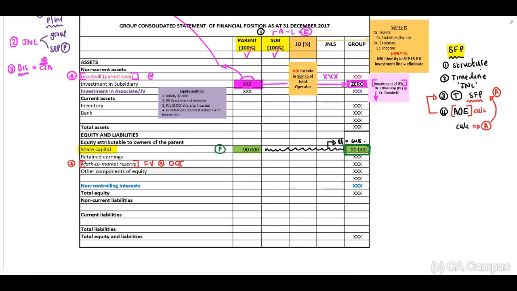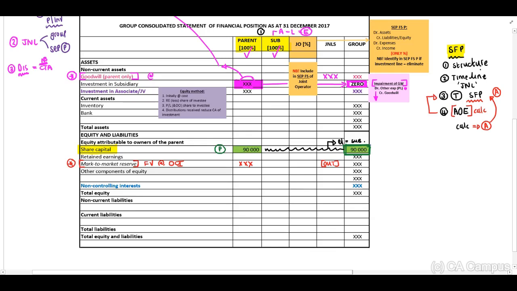Remember, guys, that in your separate entity, the parent, you can have your mark-to-market reserve. If the accounting policy differs in your group, you will take it out via a journal entry. But once there is changes in ownership, there can be mark-to-market reserves in our group as well.